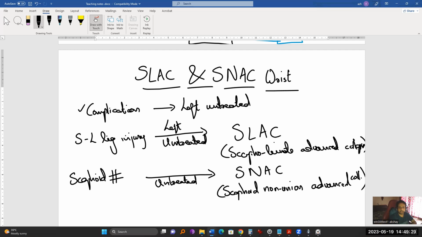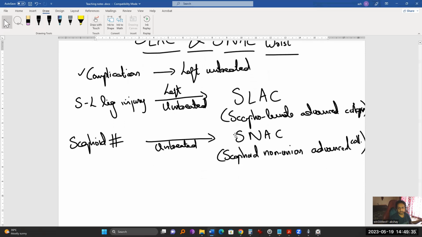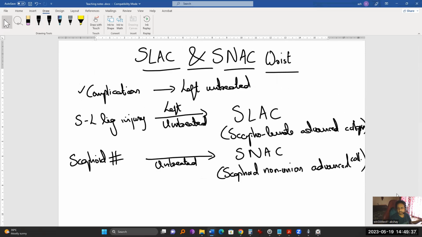Okay, so these are the complications of an injury in the carpal bone if it is left untreated.